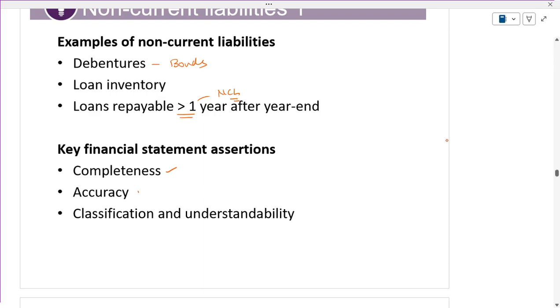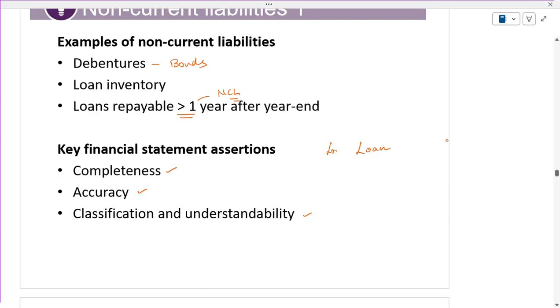Now, when you are making assertions in terms of non-current liability, there are three things: completeness, accuracy, and classification. Completeness means you have to update. Very simple example: a client has taken a long-term loan.